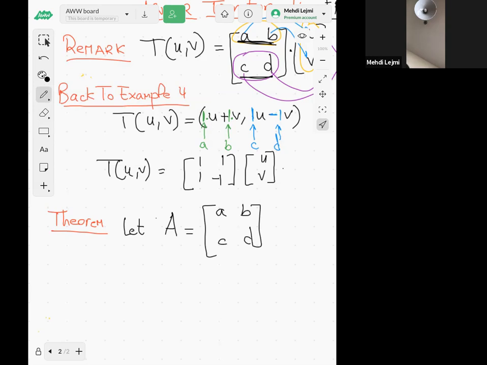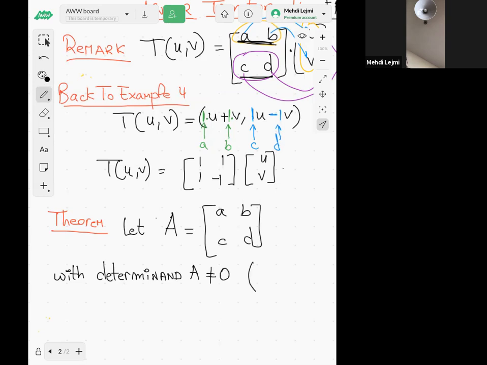With determinant of A non-zero. So what's the determinant of A?